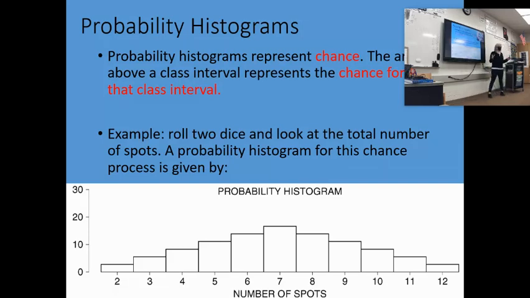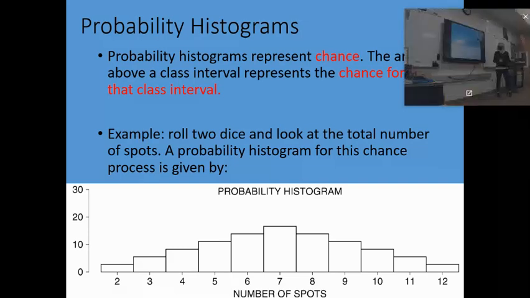What's the least likely thing to happen? Getting a sum of 2 or getting a sum of 12, because that would be a 1 and a 1 and a 6 and a 6. So this represents the chance of getting a sum of each of these. Does that make sense? So it's not a normal histogram like we've been learning. It's a probability histogram, so it shows the probability.